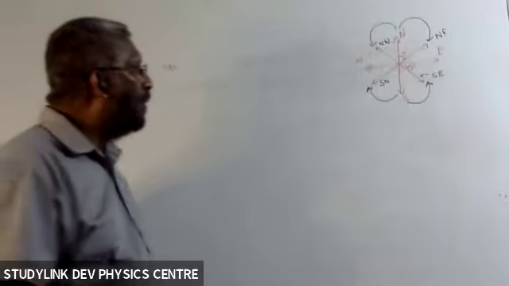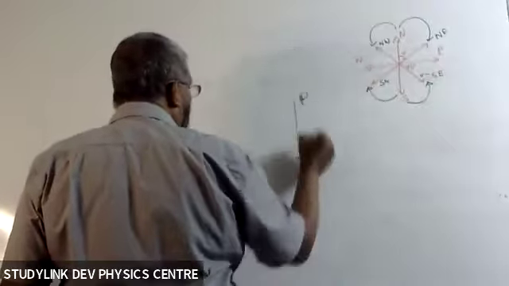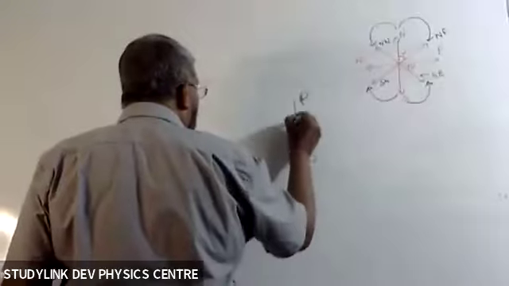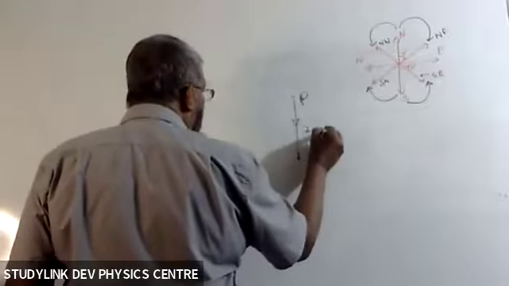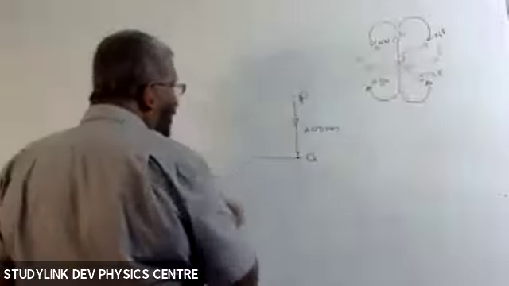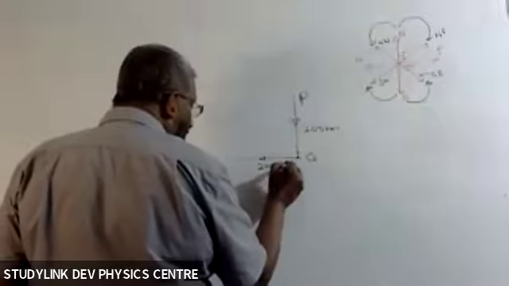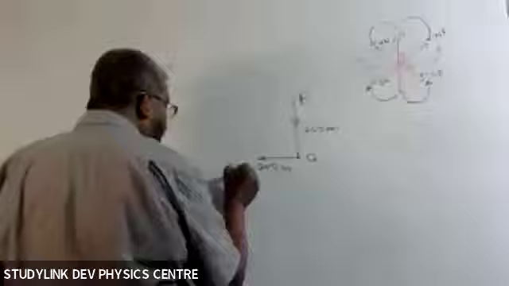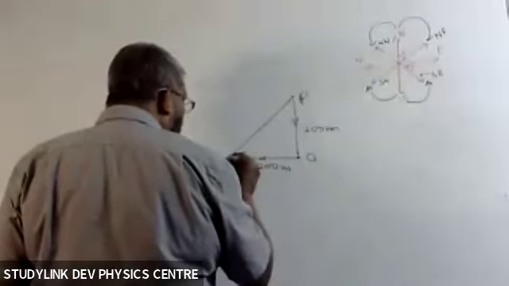A child goes towards south, P, Q, down towards south, 200 meters. Again, this is south, this is west. West 200 meters. This is R. Then first point and last point you have to join.